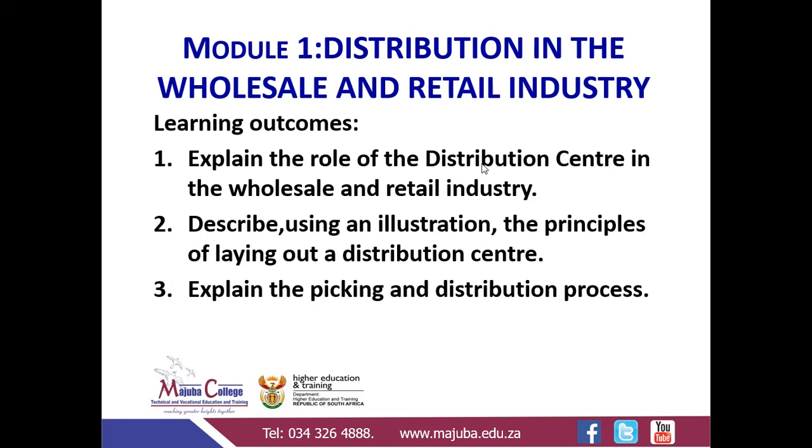Our first module is the distribution center, because if you remember from level 2, we learned about distribution centers when we were learning about our supply chain, the process that explains how we get our products to our stores and to our customers. So now at level 3, this first module gives us an insight into how distribution centers work.